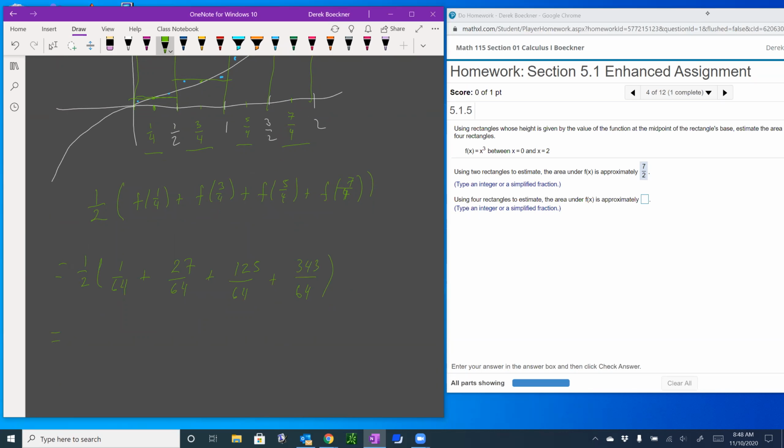So over 128, and I've got 1 plus 27 plus 125, and it's 153. 153 plus 343 is 496.